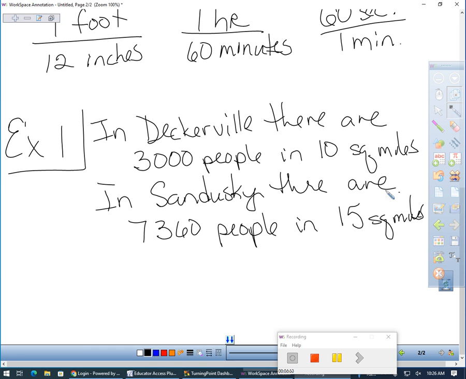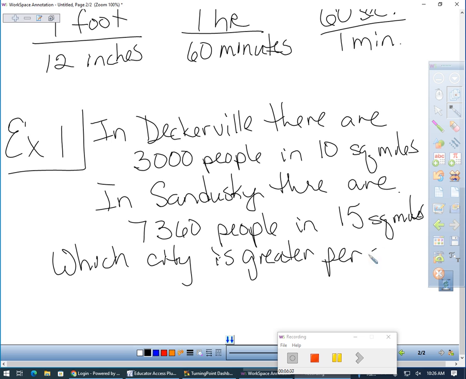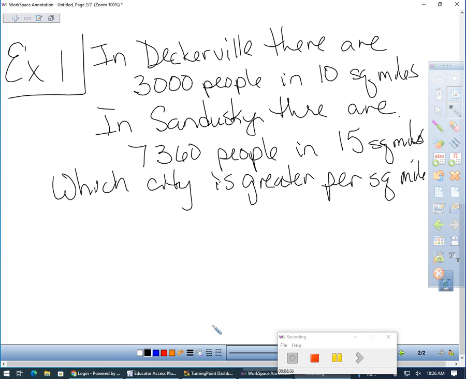All right, so here is your question. Which city is greater per square mile? All right, so we're going to start with Deckerville. Now, we're doing people per square mile, so we're going to start with this one, 3,000 people for 10 square miles.